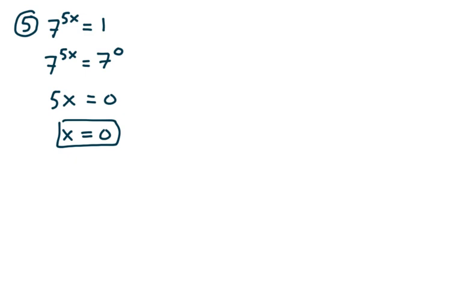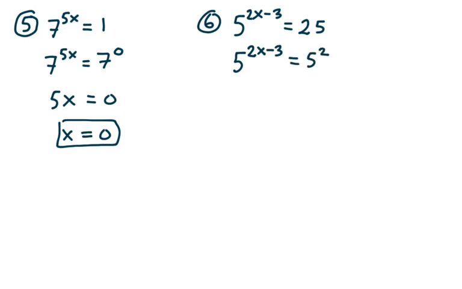Number 6. I'll just put that here. So if I have 5 to the 2x minus 3 equal to 25. So 5 to the 2x minus 3, well, that's the same as 5 squared. So 2x minus 3 equals 2.